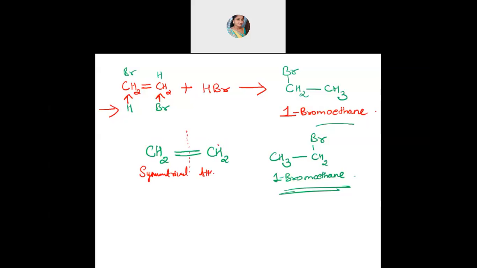So to a symmetrical alkene, if you are adding this unsymmetrical compound, that is HBr, anywhere you add, the product is same. But when you are adding to an unsymmetrical alkene, the product will differ, which you have to find out through the Markovnikov rule. That I'll tell you afterwards.